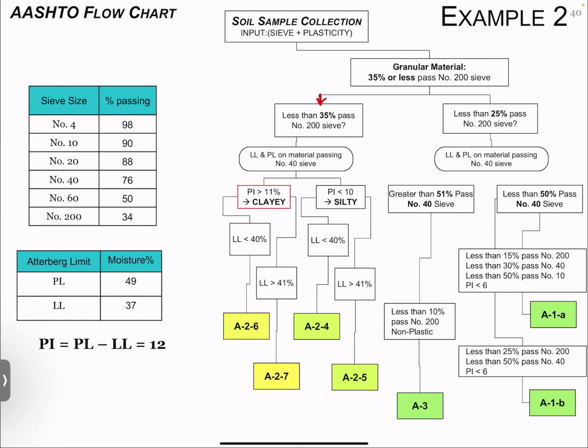It's 35 or less, so yeah, you would go to the left still. So if it was exactly 25, you would still go to the left because it says less than 35. If it said 25 or less on the right hand, then it would be.